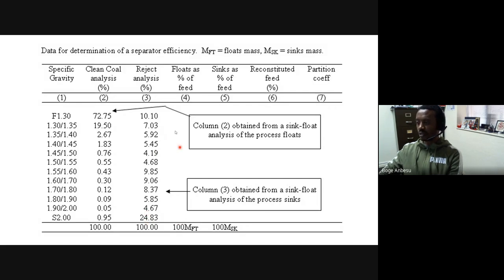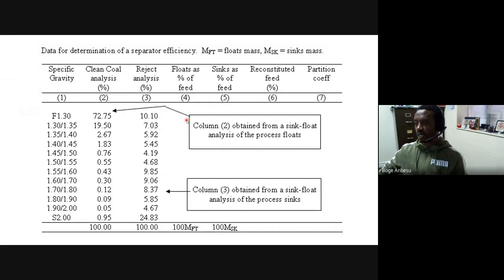Obviously, the sum of all these should give me 100, and the sum of all these should give me 100. So particles fed into the separator go to either float or sink, so you can talk about split. If you remember for the hydrocyclone, we said underflow split 80% or something like that.